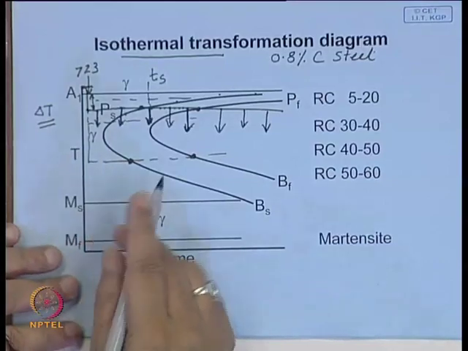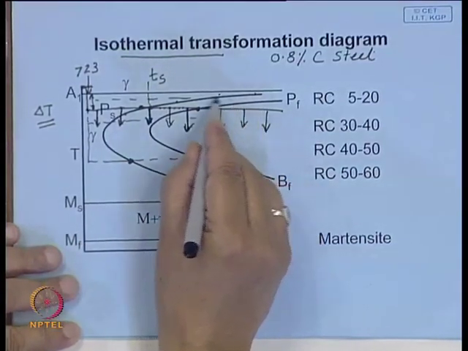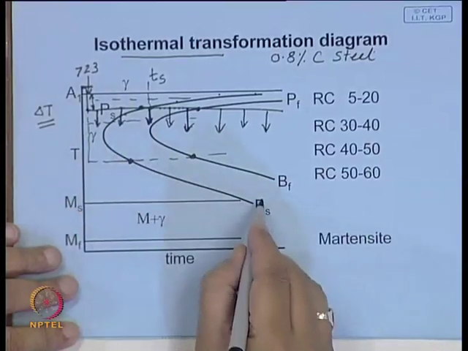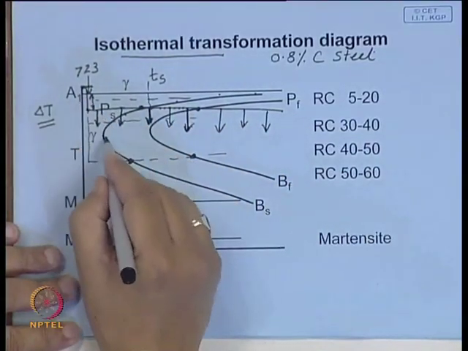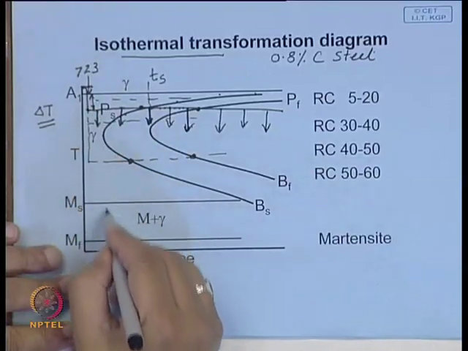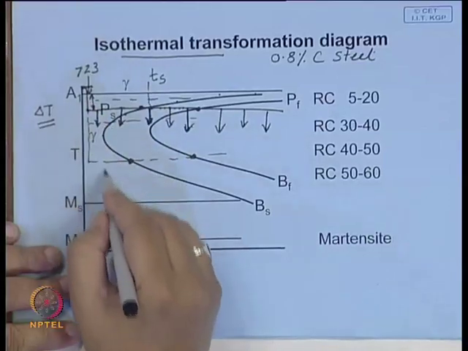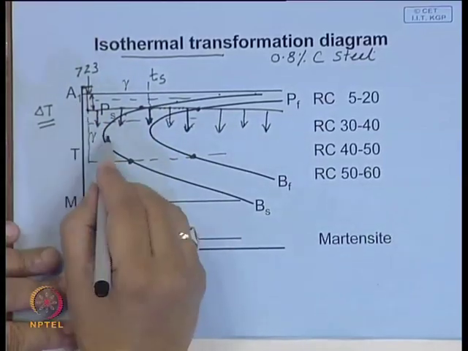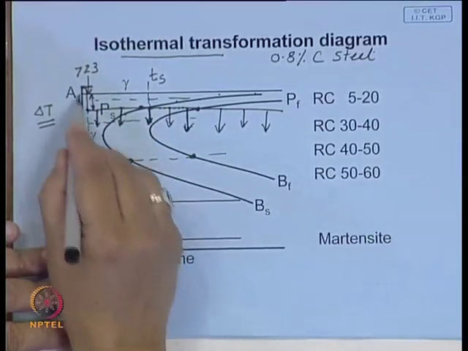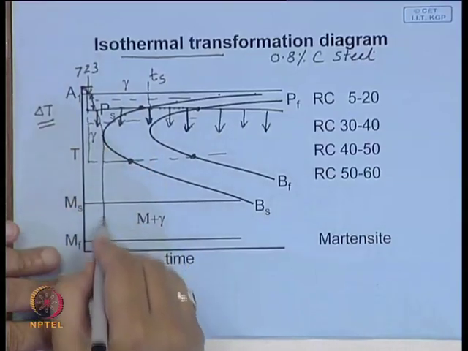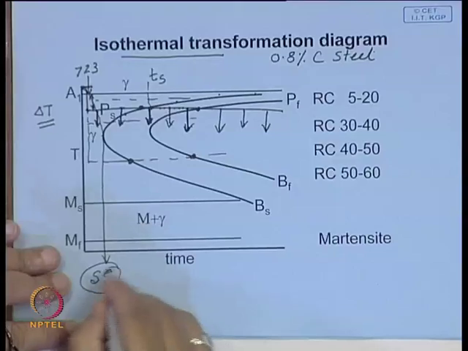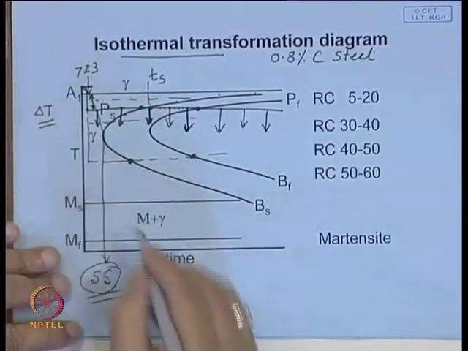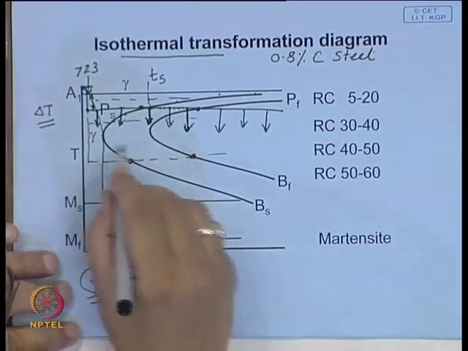very similar to what you get during precipitation hardening. During quenching also we talked about this type of C shaped curve, and you must cool it faster than a critical cooling rate to get the specified structure. There also, to get a supersaturated structure, and here also if you cool faster than a critical cooling rate, then you get a supersaturated structure, and we will know about it in a little more detail a little later.